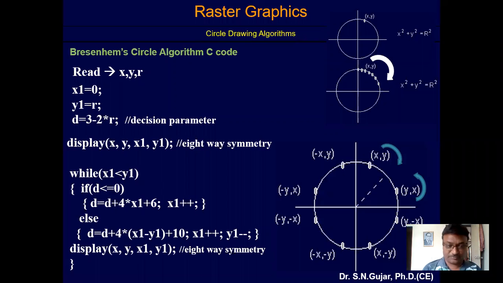Suppose the radius is 0, then we are not going to draw the circle. So if the decision parameter you have calculated is less than or equal to 0, then what is my next decision parameter? D is equal to D plus 4 star x1 plus 6, and x1 plus plus.